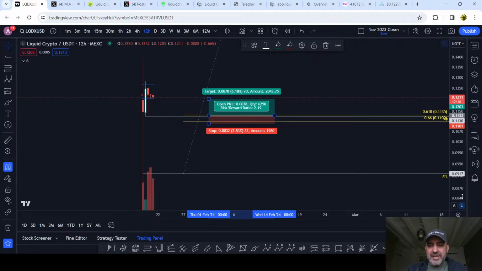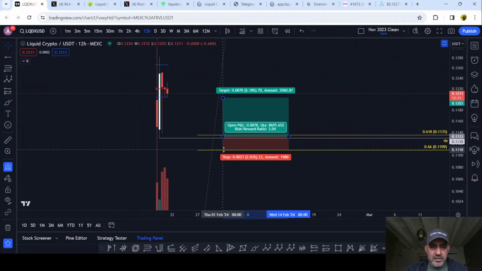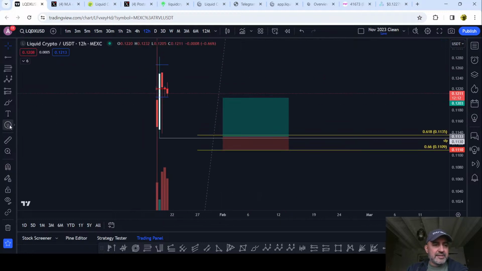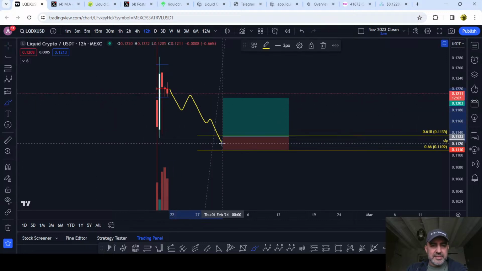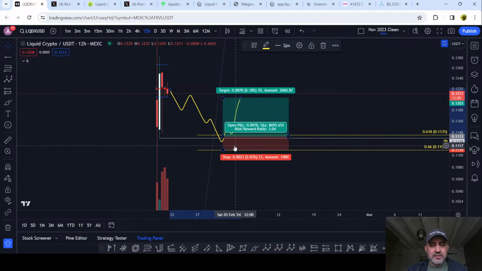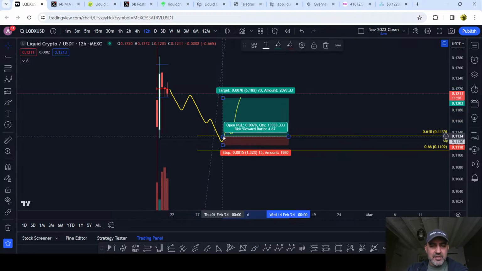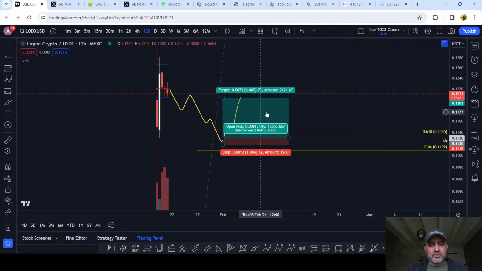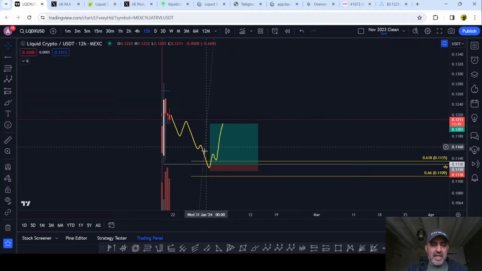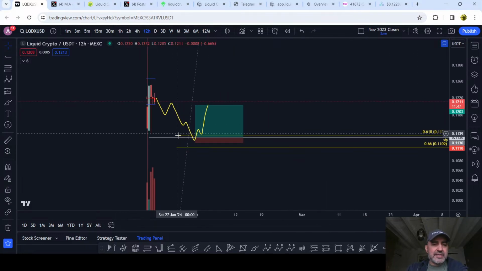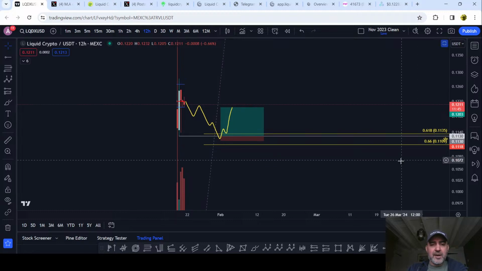So you take the SFP, and your target will be the value area low. That's your trade. You take the SFP, as the price comes above that previous level you'd enter, you have a small invalidation. That's your trade, and that could be the significant low for the rest of this bull market.